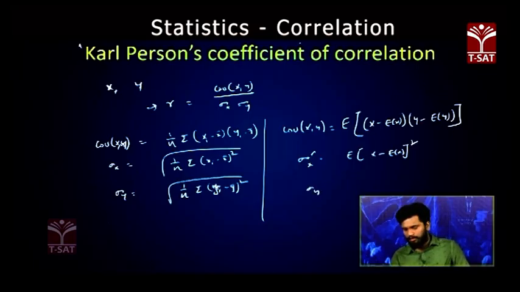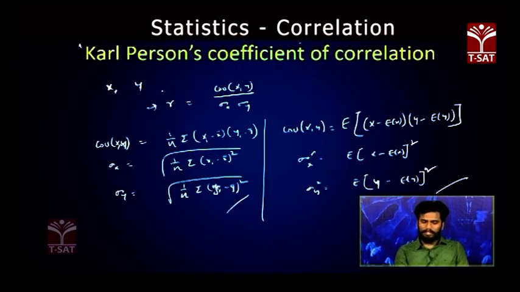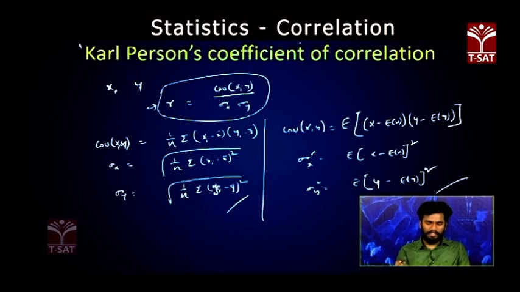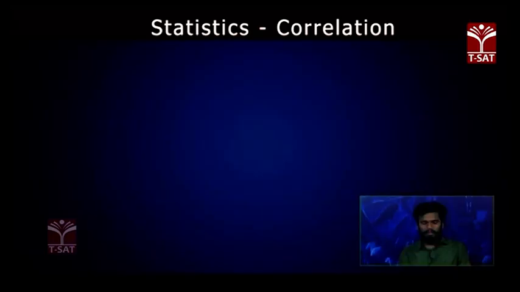Now sigma y square is given by expectation of y minus expectation of y whole square. So this is in terms of expectation values, and the earlier one is in terms of the raw values x and y. The formula is r is equal to covariance of x comma y by sigma x into sigma y. Now we will see the properties of this r value.